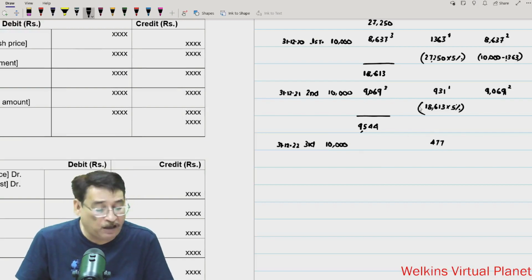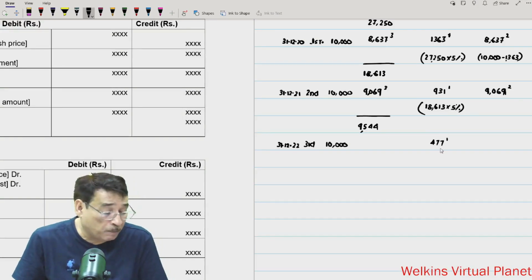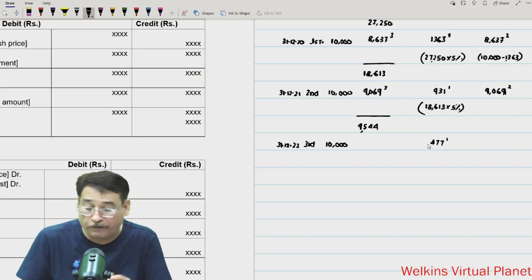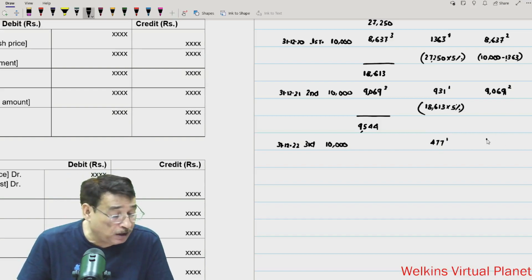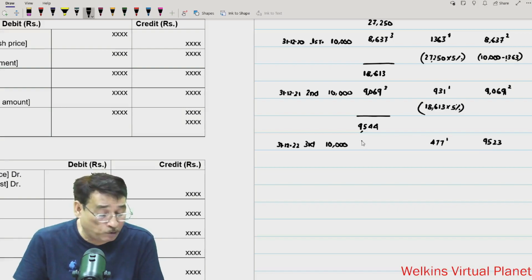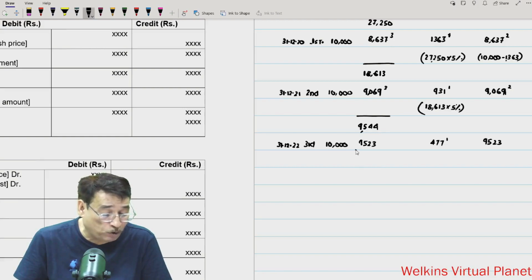Suppose in the final year, I repeat these steps, computing interest first, and I subtract 477 from 10,000. That will be equal to 9,523. I will have to write here 9,523, and subtract this from 9,544. But the problem is that, as you can see, it will not get closed, because it is 9,544 and this figure is 9,523.